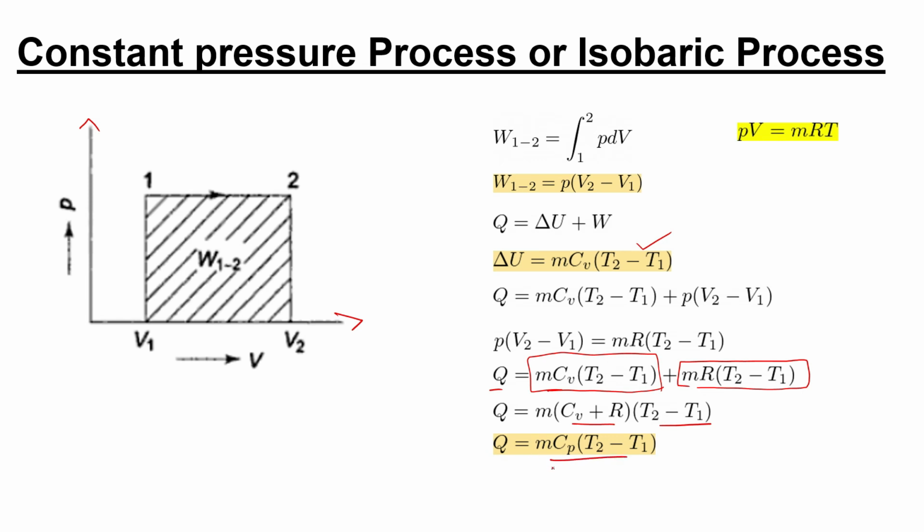So Q is equal to mCp into T2 minus T1 and delta U is equal to mCv into T2 minus T1 and W12, the work, is equal to P into V2 minus V1, or you can use this expression mR into T2 minus T1. So these are the important expressions you need to keep in mind for a constant pressure process, or you can call this the isobaric process.